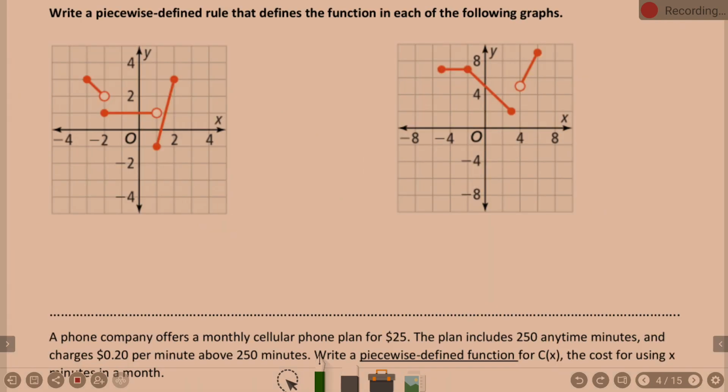So, piece by piece, okay? It just asks us to write a piecewise defined rule that defines the function in each of the following graphs. So, if you go back to the previous page, you'll notice it's kind of the format f of x equals, and we're going to fill in however many we need.